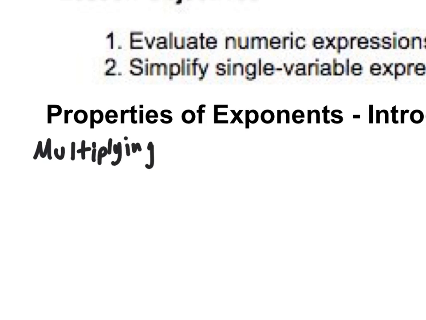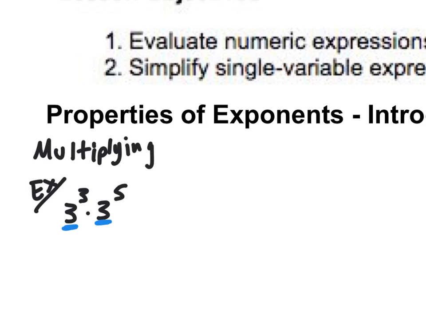Let me give you a couple of examples. Let's say I have 3 cubed times 3 to the 5th power. If I wanted to simplify and combine these, notice we have a common base.